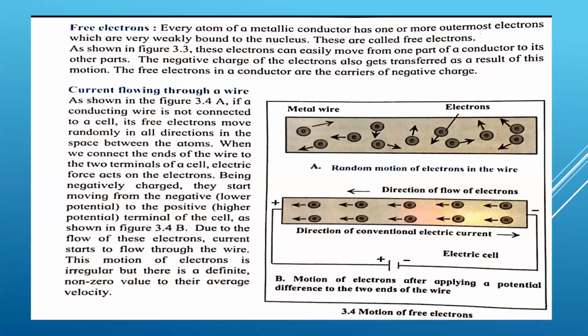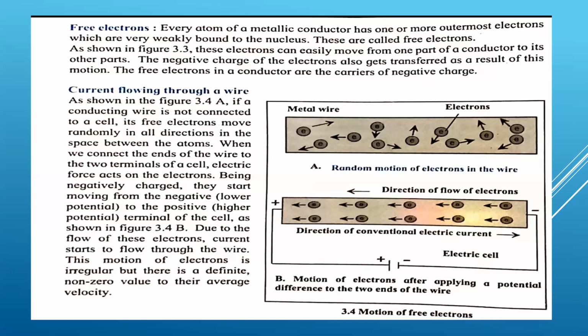But as you connect this copper wire with the electric board, what will happen? All the negative charge, that is electrons, will move in one direction. Electrons always carry negative charge.